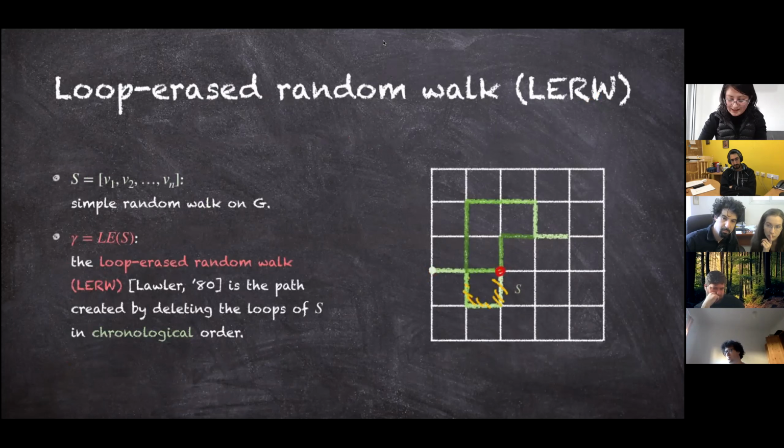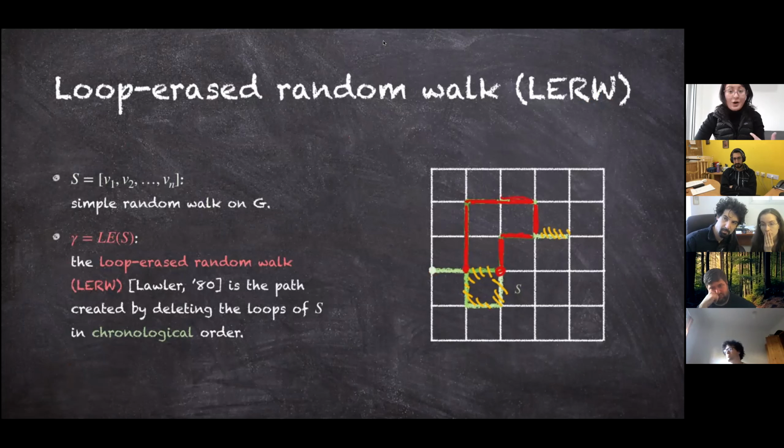So I'm going to erase this first loop, and I'm only going to take the last exit edge. So I'm going to keep this. This backtracking is also going to be erased, although maybe you don't want to call it a loop. We are going to erase it because it's not the last exit edge.